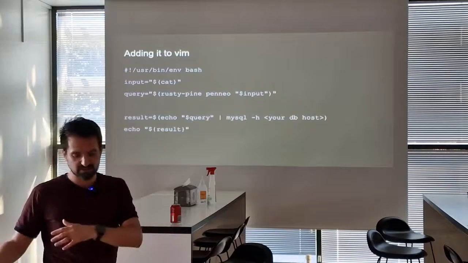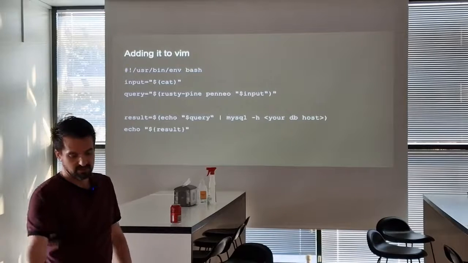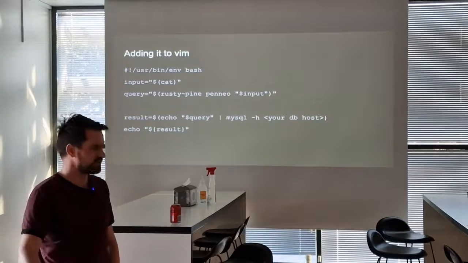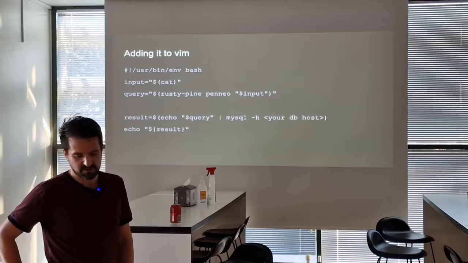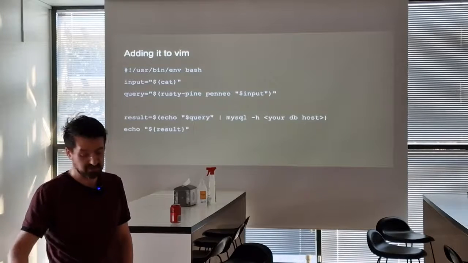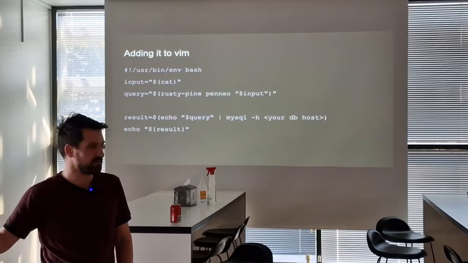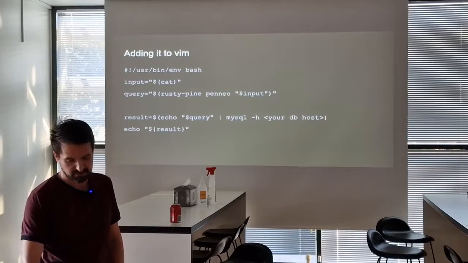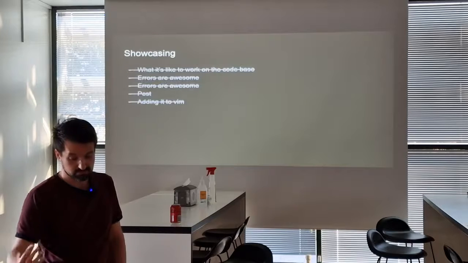So you have to get that, then you have to get your query. I get my query by running a program on it, and then I use MySQL to just run the query, and I output it. So that's kind of it. Yep, and that's it.